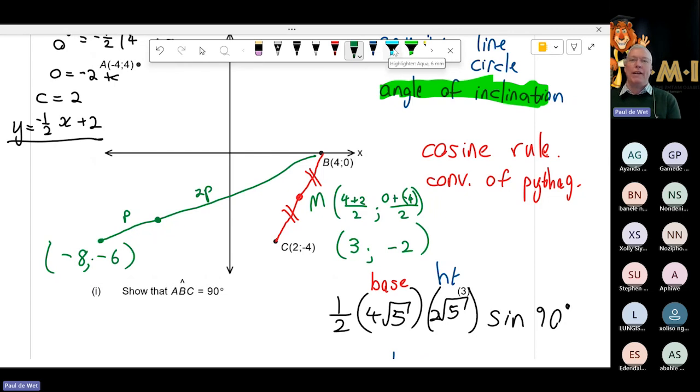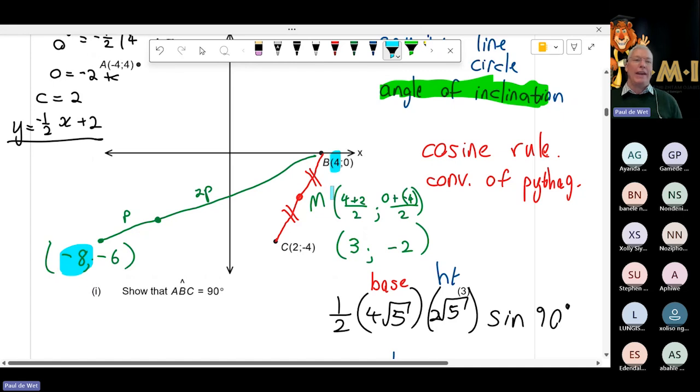It's an important idea. How far have I moved when I go from -8 to 4? What's the total distance? The total change in my x is 12. What's 1/3 of 12? 1/3 of 12 will be 4.